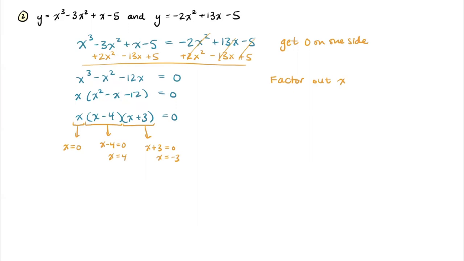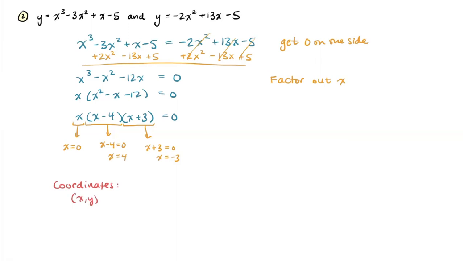Now, if we wanted to, we could find the y values as well. So here might be a good way to practice this. So let's find the coordinates of the points of intersection. This is going to be x comma y. So let's do these separately.